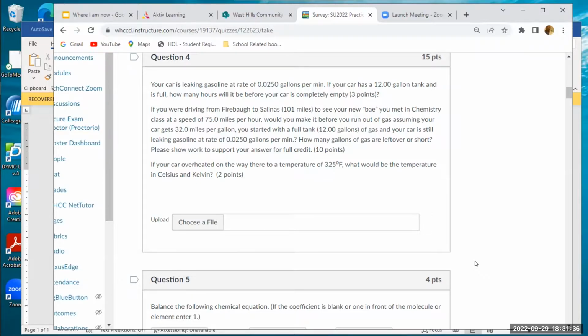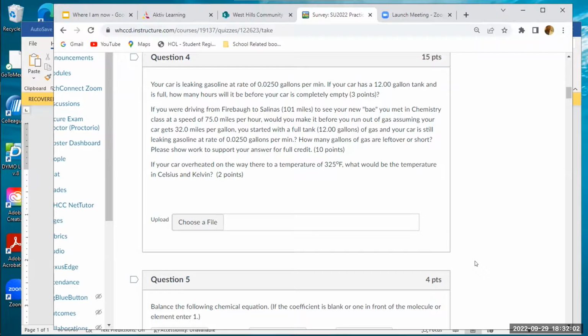Then the second part. Say you were driving from Firebaugh to Salinas, 101 miles, to see your new boo or maid you met in chemistry class, at a speed of 75.0 miles per hour.